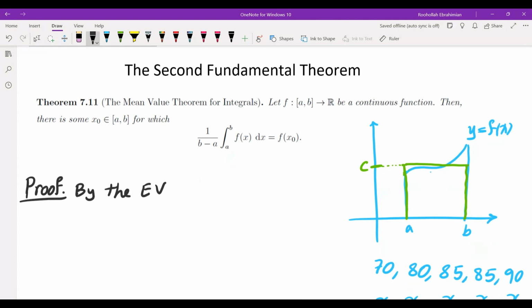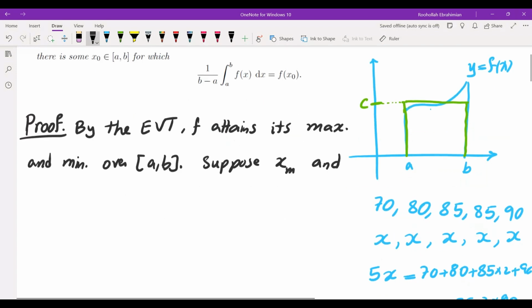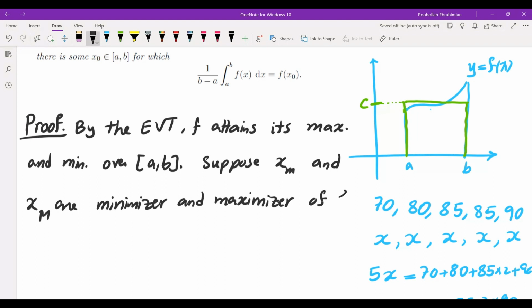By the extreme value theorem, f attains its max and min over the interval from a to b. Suppose x sub lowercase m and x sub capital M are the minimizer and maximizer of f respectively.